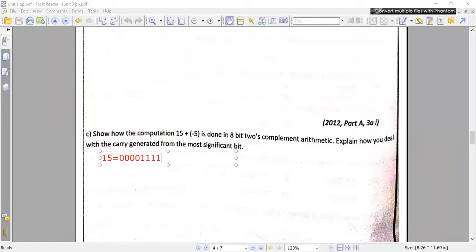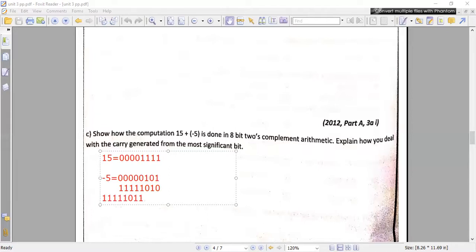So minus 5, find out the 5 and invert the bits: 0, 0, 0, 0, 0, 1, 0, 1. Invert the bits and add 1. So your answer will be 1, 1, 1, 1, 1, 0, 1, 1.